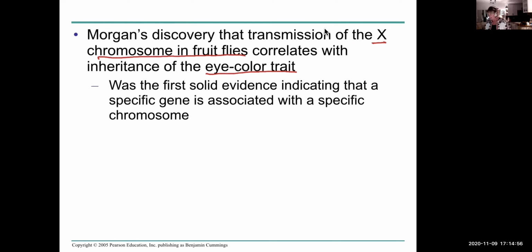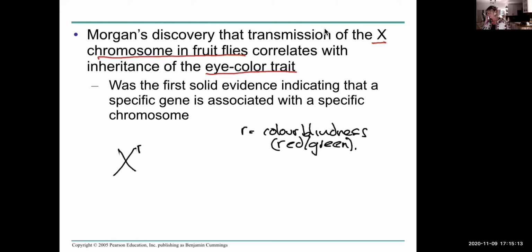There is an X-linked gene for color blindness, red-green. So if a female has it, but also has the normal one, then they'll just have normal color vision.